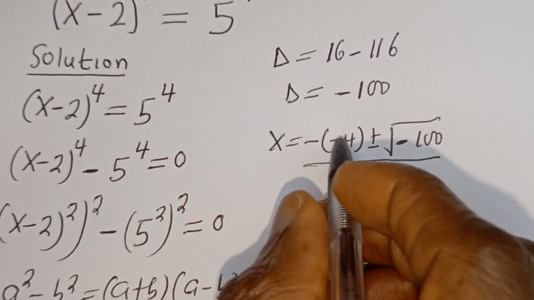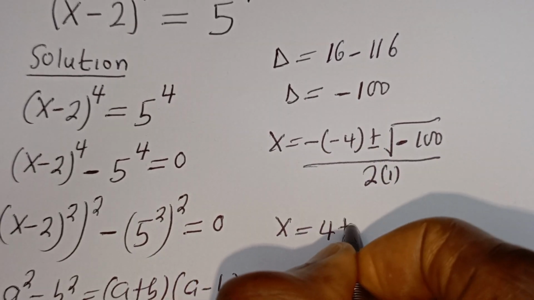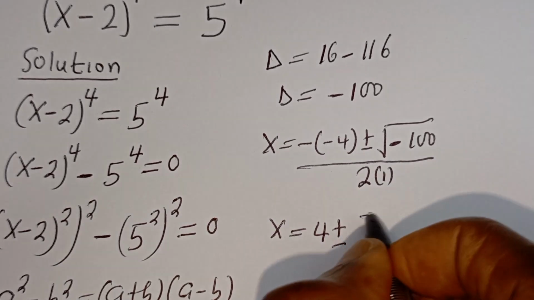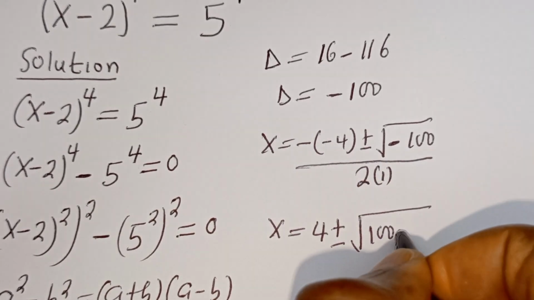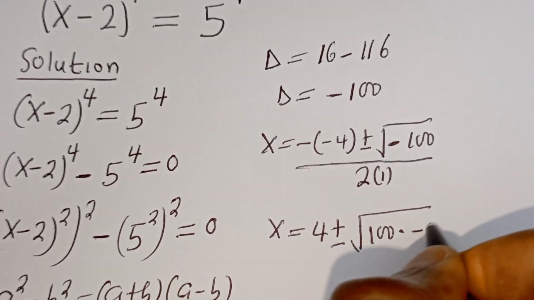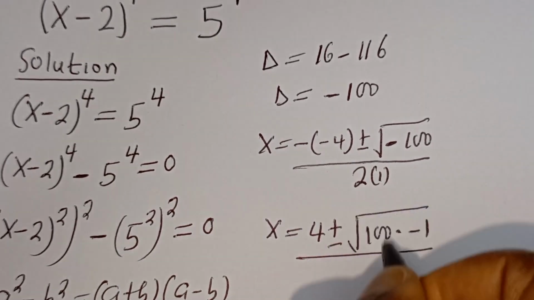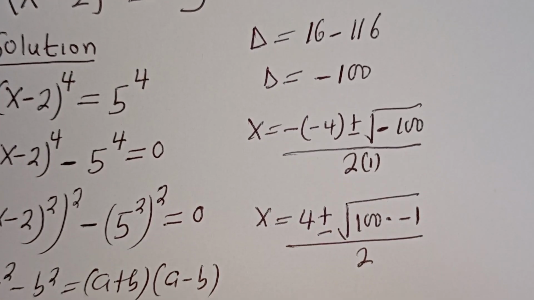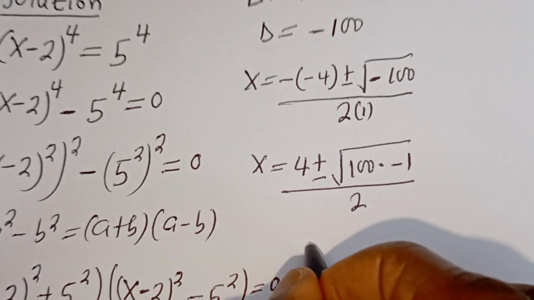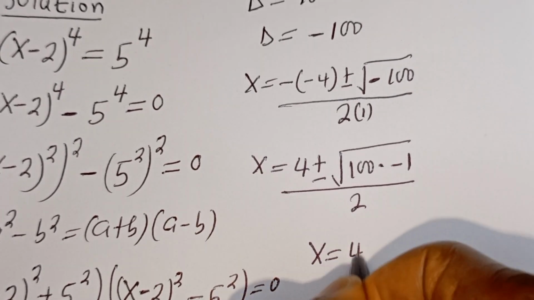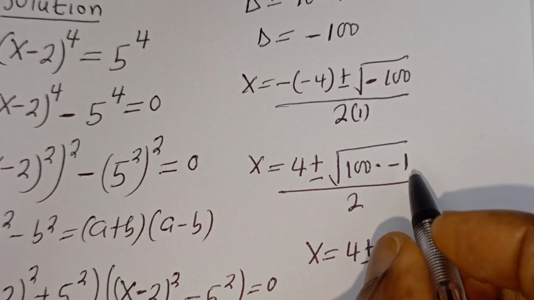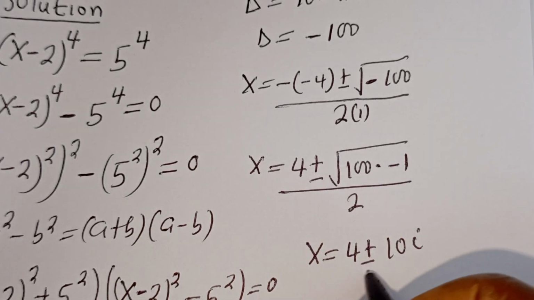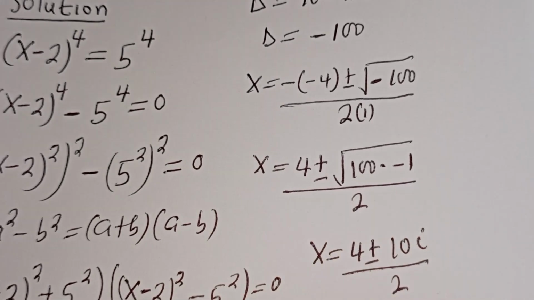Then here we have x is equal to minus times minus 4, this is 4, plus or minus square root of 100 multiplied by minus 1 over 2 times 1, that is 2. Then we have x is equal to 4 plus or minus square root of 100, that is 10, and square root of minus 1 is i, over 2.